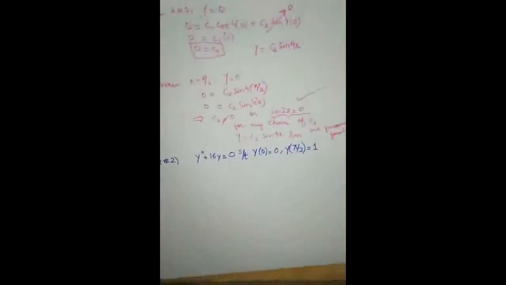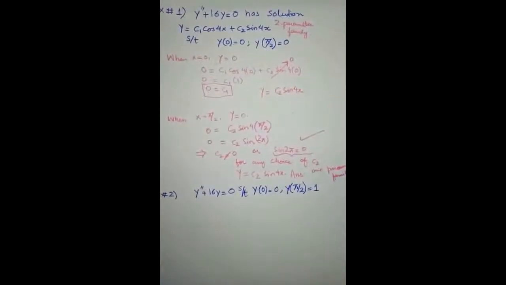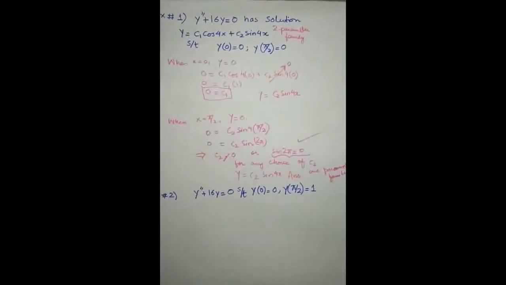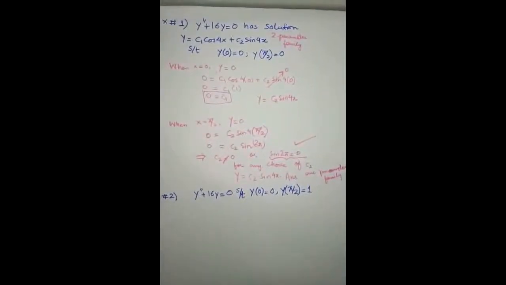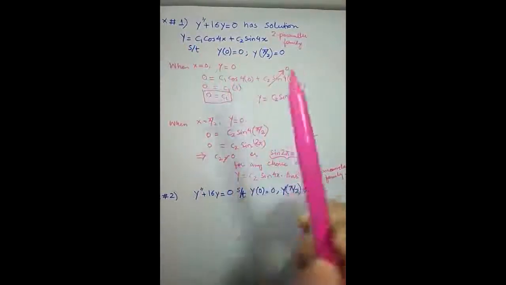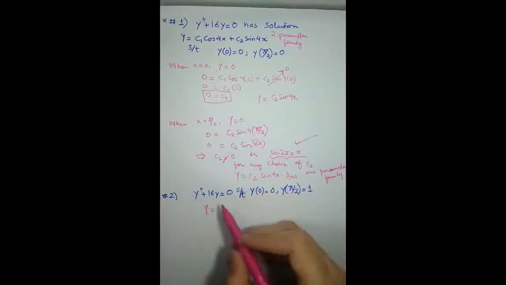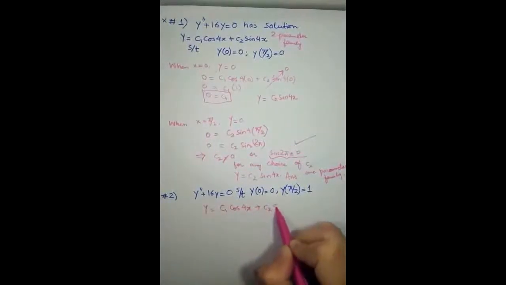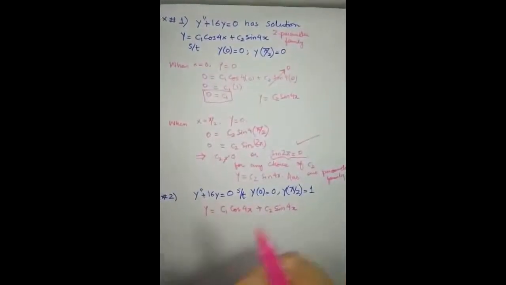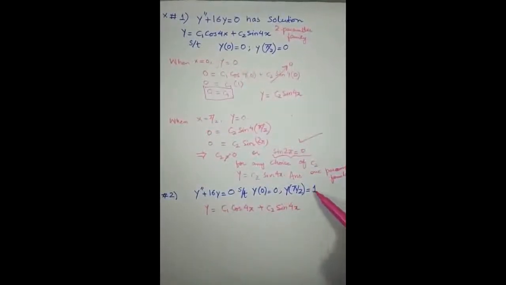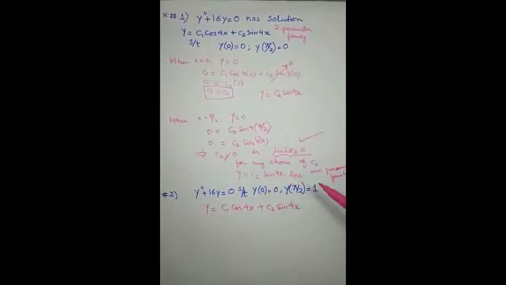Okay, in the next example, we will check whether the solution exists, is unique, several, or no solution. So we start applying this boundary condition. First boundary condition is y double dash plus 16y, that means its solution is the same here. Solution is y equals C1 cos of 4x plus C2 sine of 4x, and we have conditions here, a little bit changed condition, and that is 0 in the first example, and here it is 1.